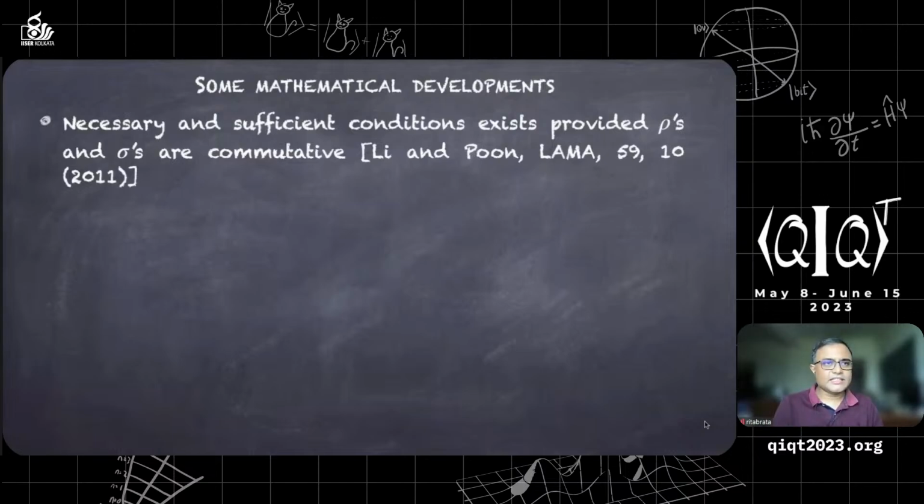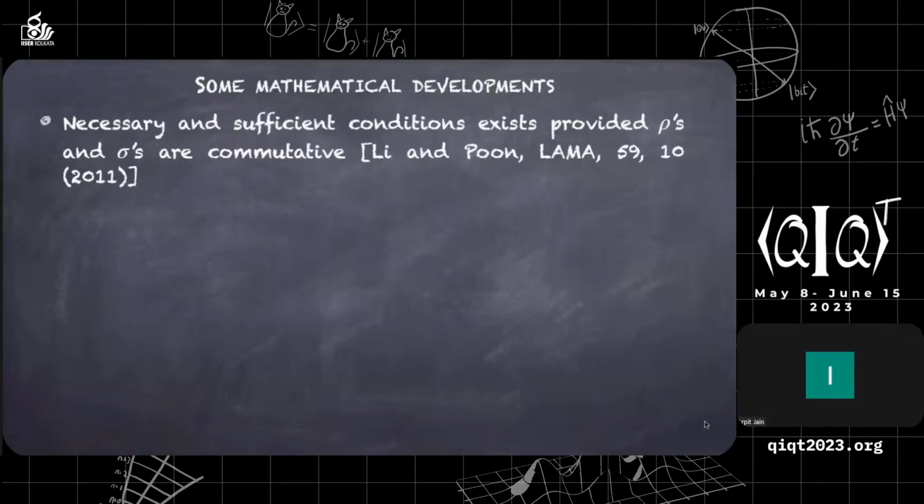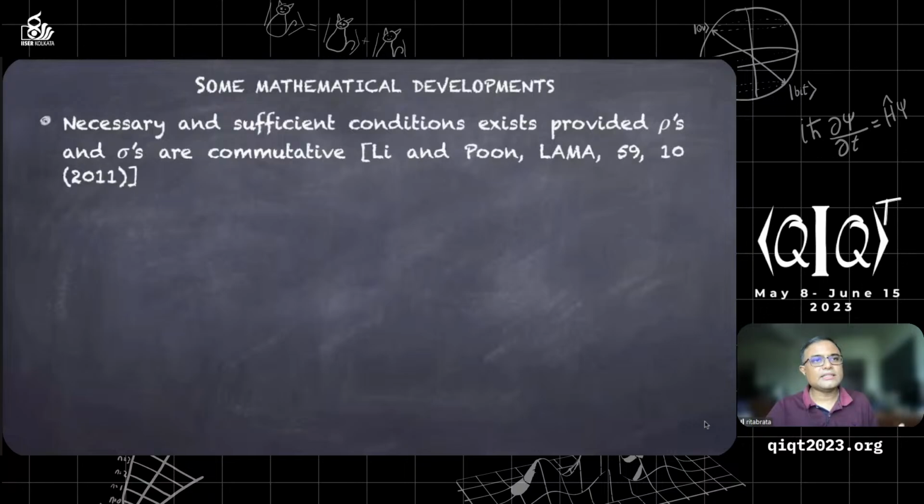The first restriction they considered was the following: let us have these rho i's and sigma i's, and assume that they are all simultaneously diagonalizable. What does that mean? It means that the rho i's and sigma i's are diagonal matrices, and there is only one unitary matrix which does this job.